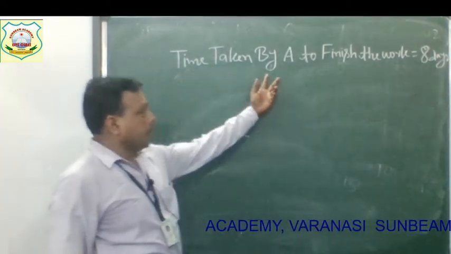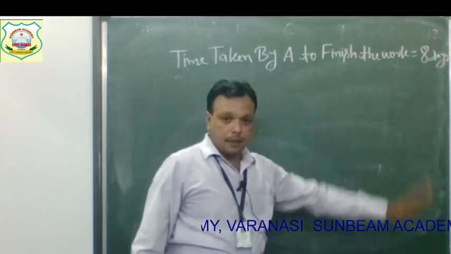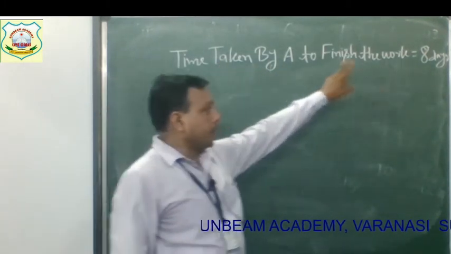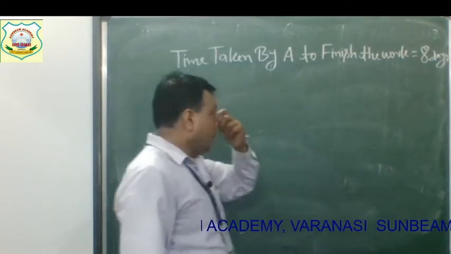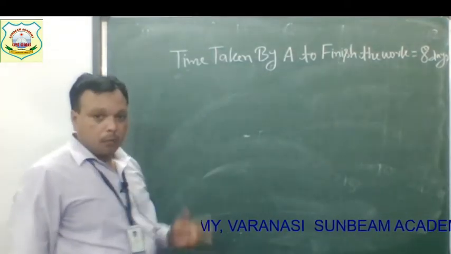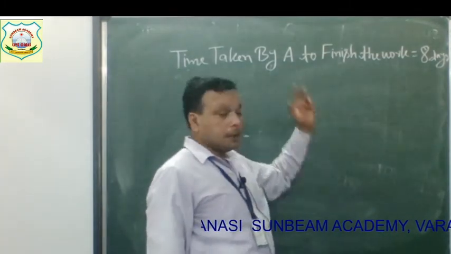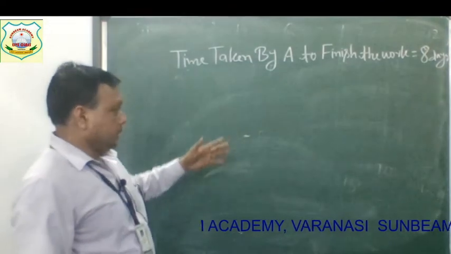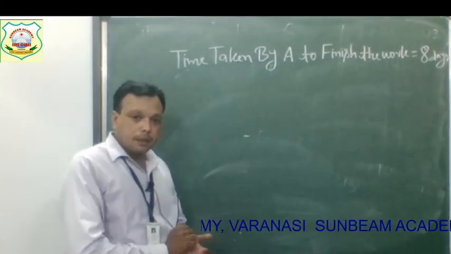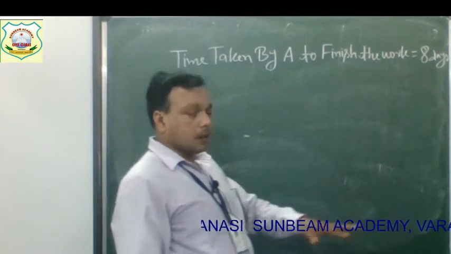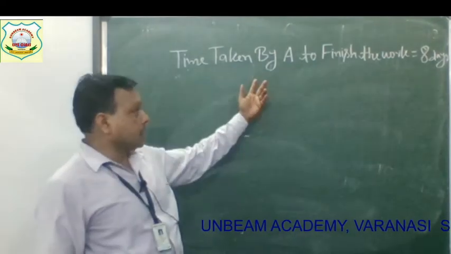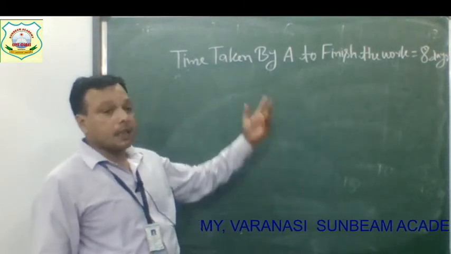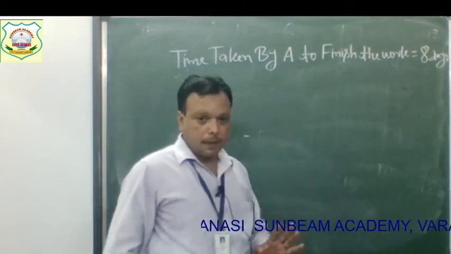Time taken by A to finish the work equals 8 days. It means A has completed the work in 8 days. So we are asking what part of the work A has completed in 1 day. Suppose a field is given to A, there is some work, and A has completed it in 8 days. So what part of that field will he complete in 1 day, that is what is being asked.